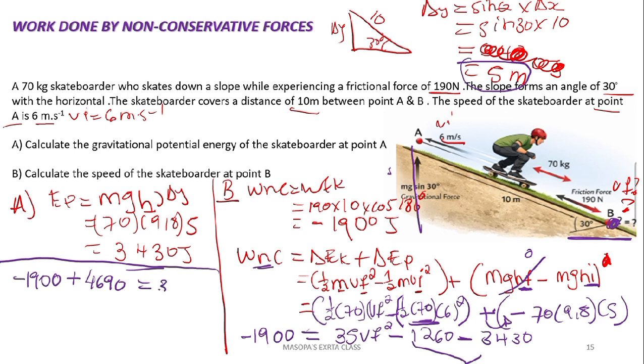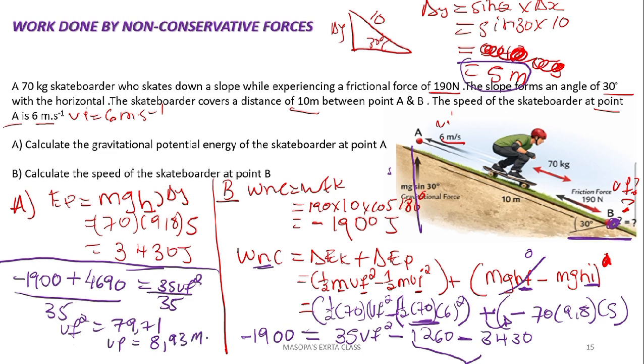That equals 35 v squared, divided by 35, divided by 35. Then v squared will be equal to 79.71. When you square root both sides, Vf is close to 8.93 meters per second. That means that we have the final velocity at point B as 8.93 meters per second.